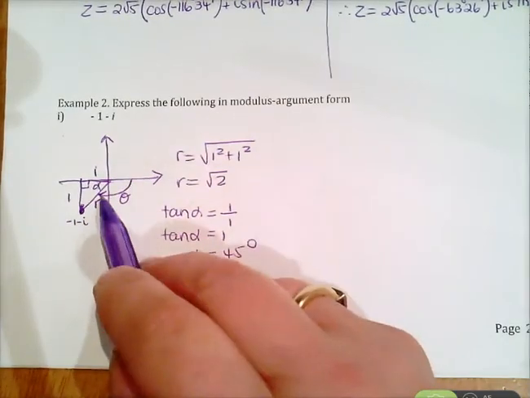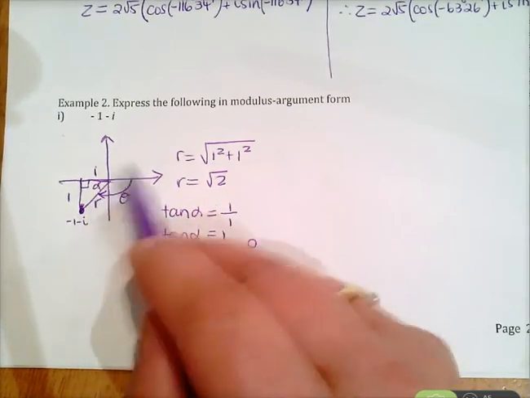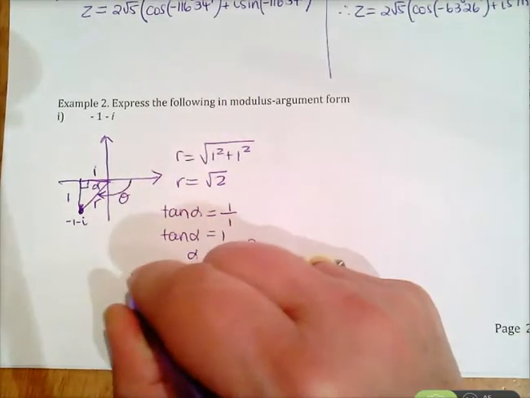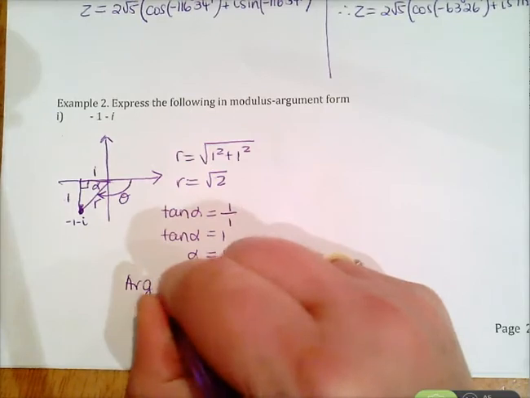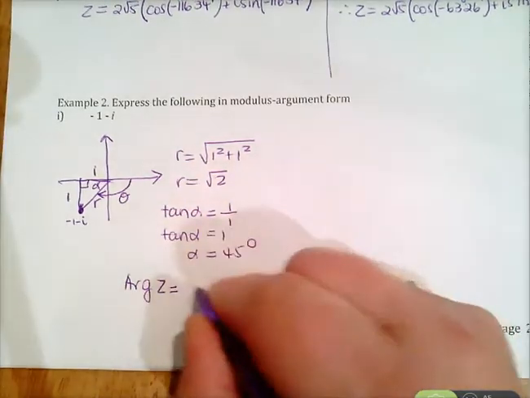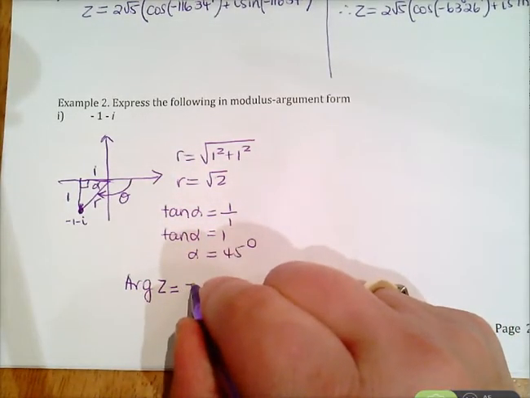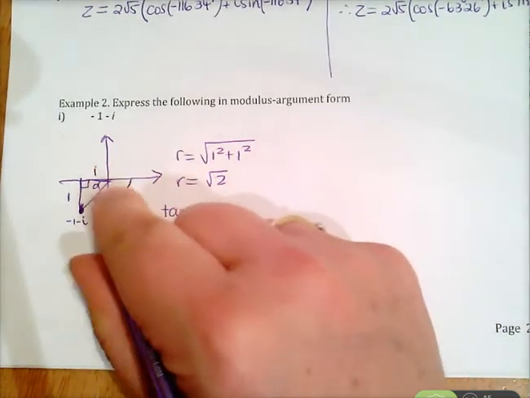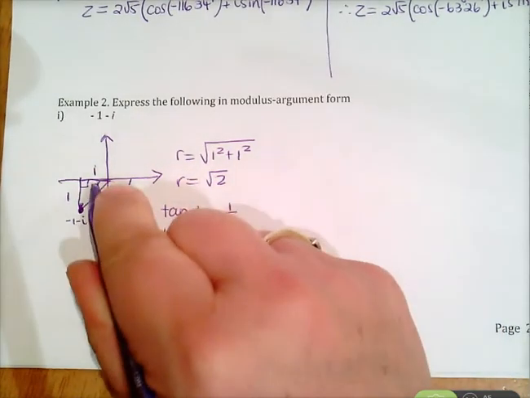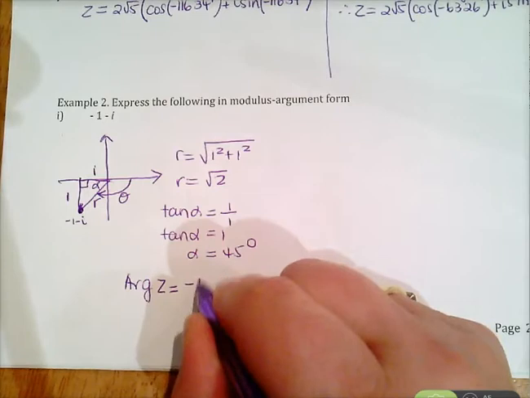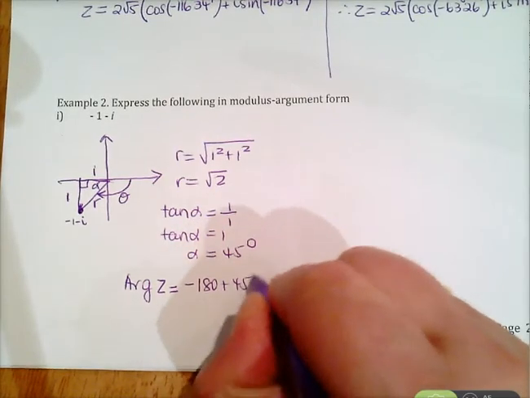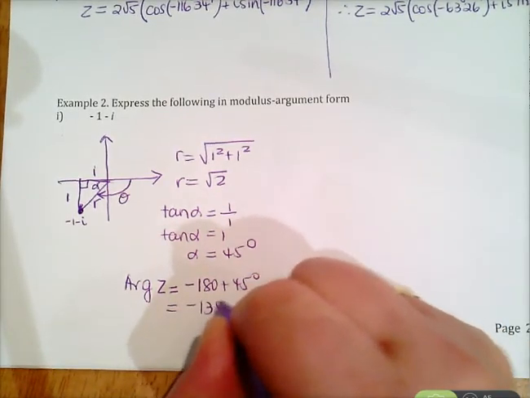But this is going in a negative direction. I can't go around like this because it'll be bigger than 180. So therefore, my argument of z is negative 180 plus 45, because that little bit in there is 45. In other words, it's negative 135 degrees.